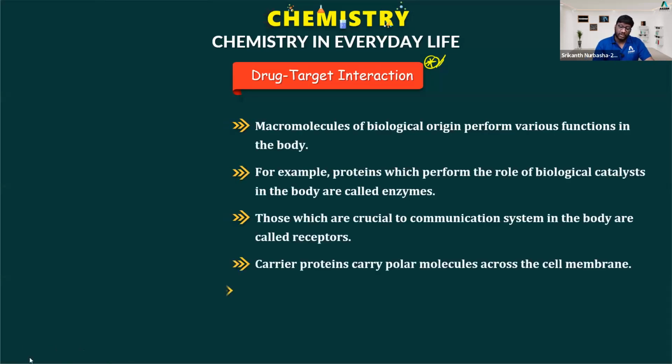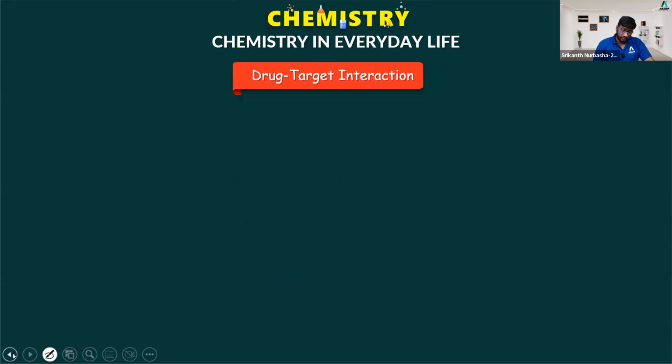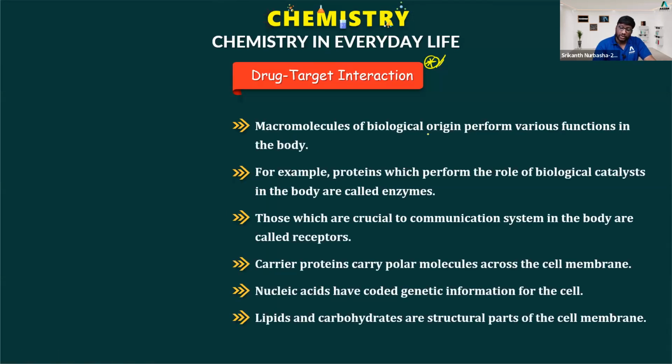Macromolecules of biological origin perform various functions in the body, like carbohydrates, proteins, nucleic acids, lipids. They have various functions. For example, proteins which perform the role of biological catalysts in the body are said to be enzymes. What are enzymes, students?